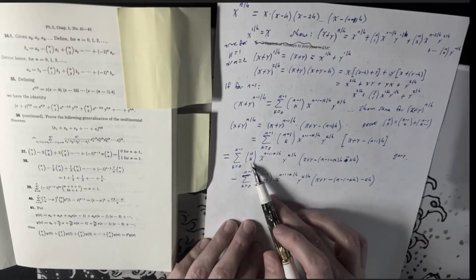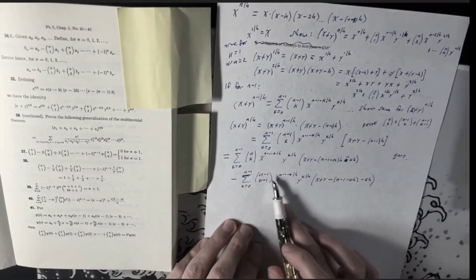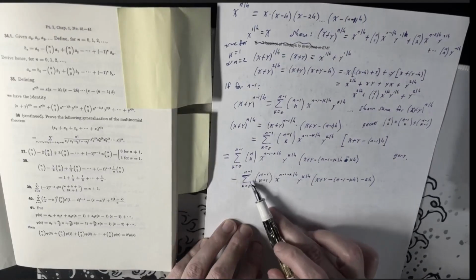What am I going to do with this? I ultimately want this to be the one that survives. So apparently this stuff collapses into one term that kind of cancels out, or this is the last term.